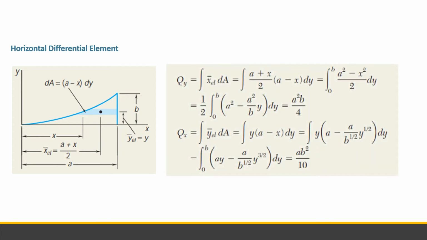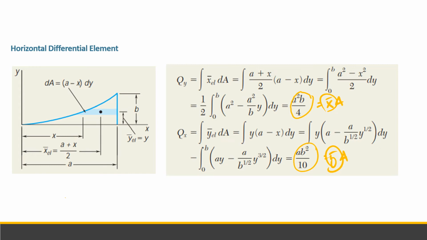So if we try to solve this via horizontal differential element, so naturally, makukuha natin yung same na value. So if you evaluate yung Qy and yung Qx, ito din yung makukuha natin: A squared b over 4 and ab over 10 for Qy. So you will substitute this doon sa x bar A and y bar A. So makukuha nyo yung x bar and y bar, which is same lang din.